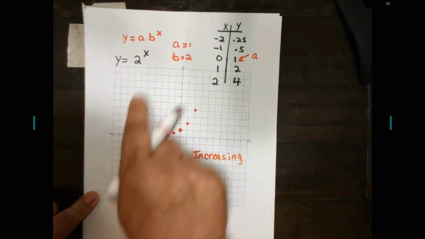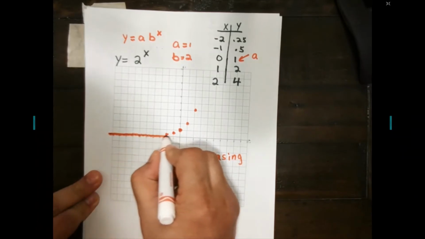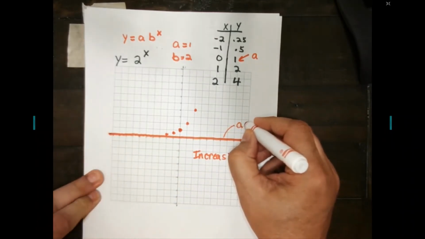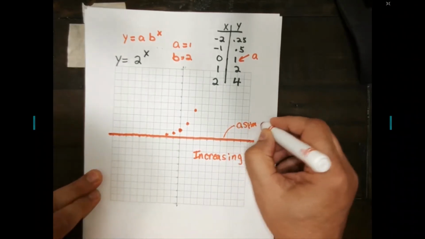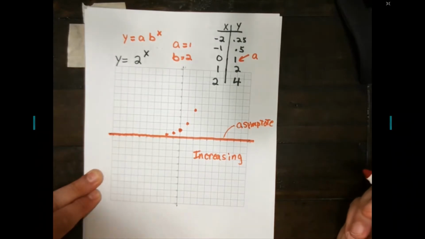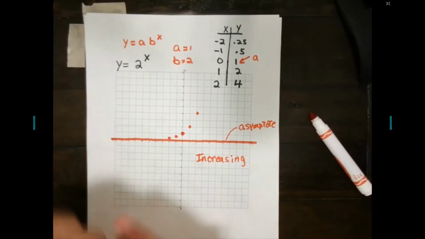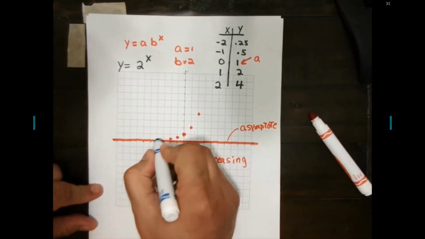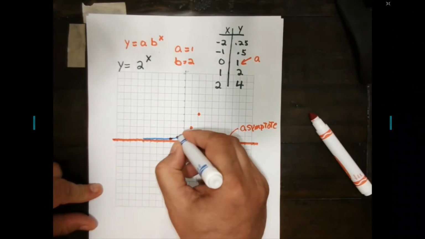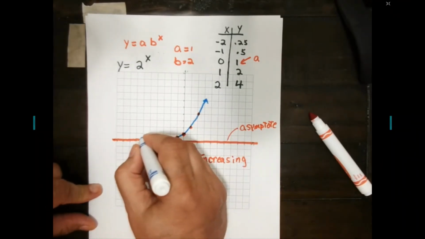Like I said before, on these basic equations, the x-axis here is the asymptote. And my function, I'm going to plot it in a different color. My function never touches this x-axis, so it just keeps getting closer and closer, smaller and smaller. It's increasing like that.